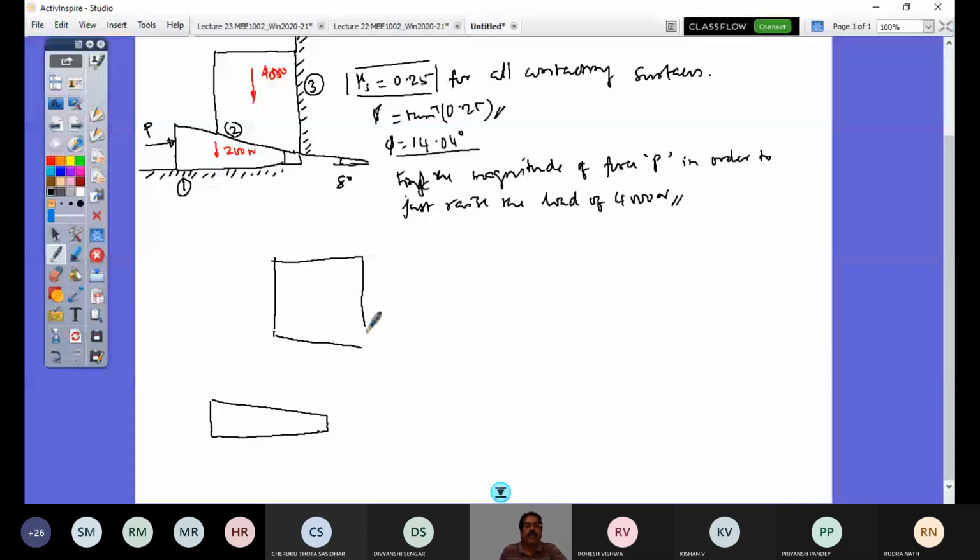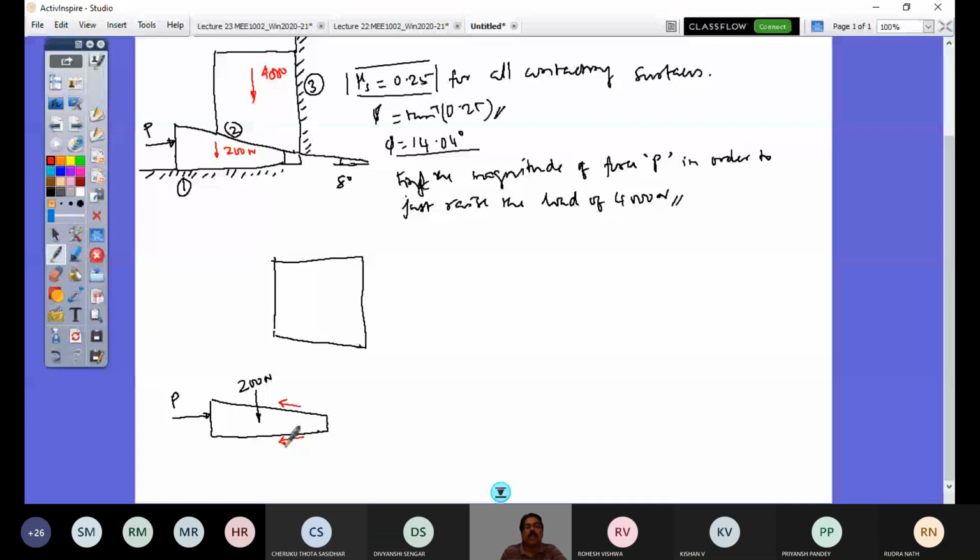So now what are the forces acting on the wedge? You have this force P, and then the weight of the wedge, 200 Newton. Importantly, as this is pushed, it would be resisted by a friction force against its expected motion, right? So I would have my friction force on this surface in this direction, on this surface in this direction, and I would have a normal force as well.